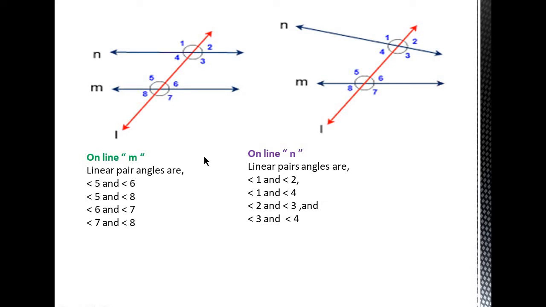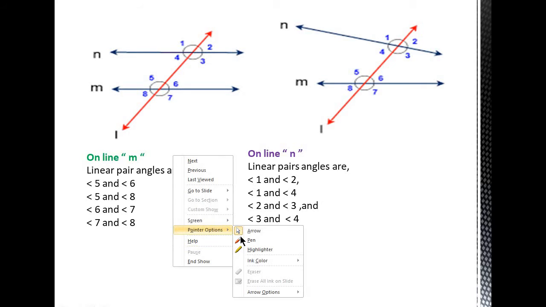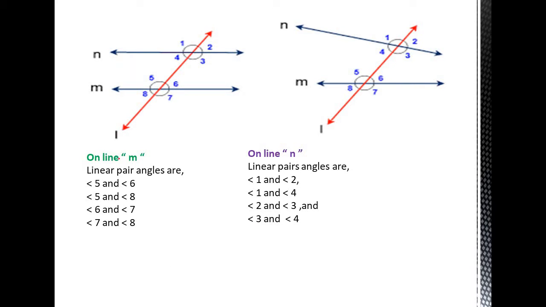Here also we can see the lines M and N. Suppose I am taking line N. In this figure, 1 and 2 are a linear pair, or you can say 1 and 4 are a linear pair, or 2 and 3 are a linear pair, or 3 and 4 are a linear pair.